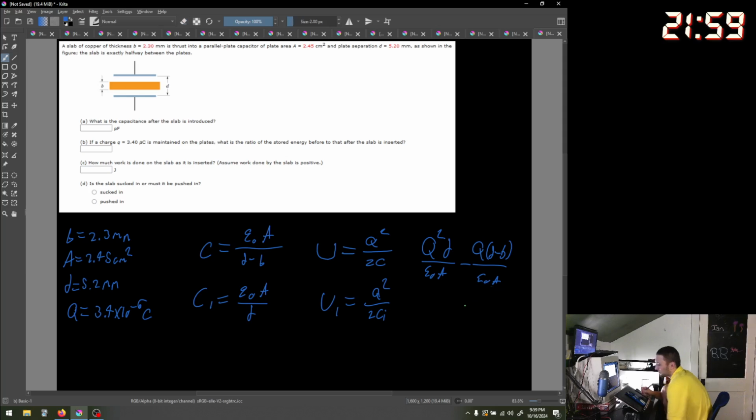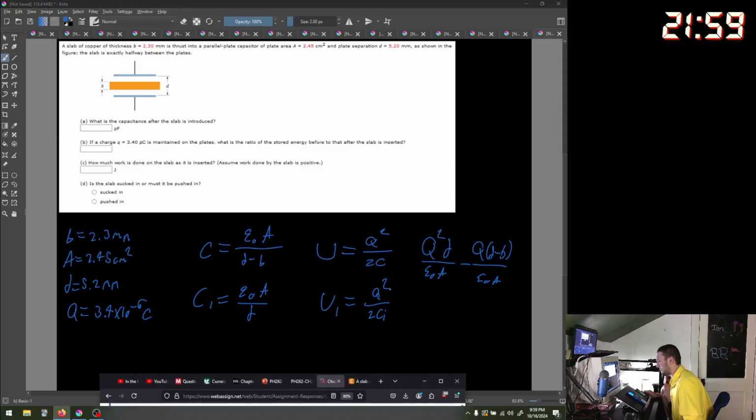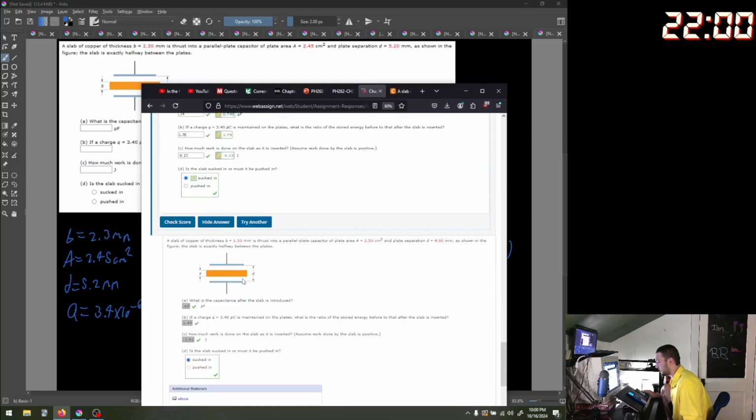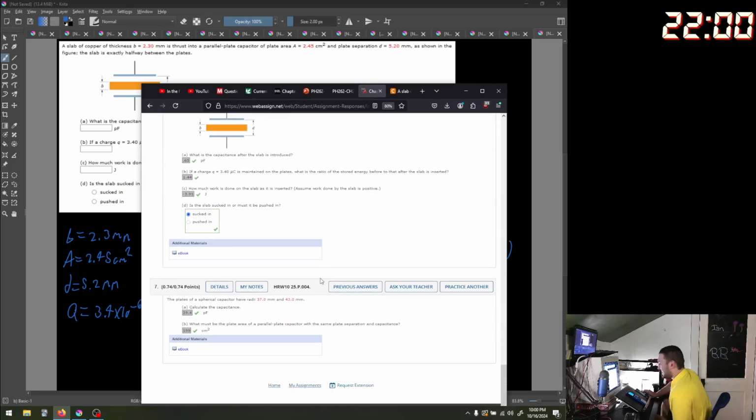Just multiply it. That's how that simplifies out. And this one would be sucked in. And that's as simple as how that one goes.